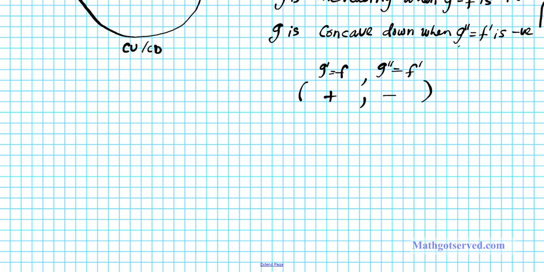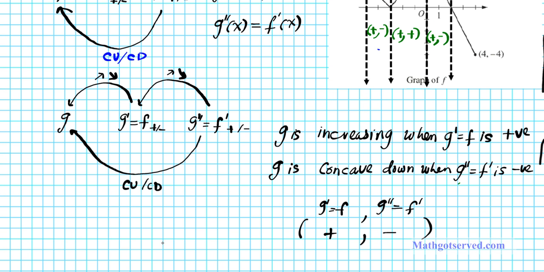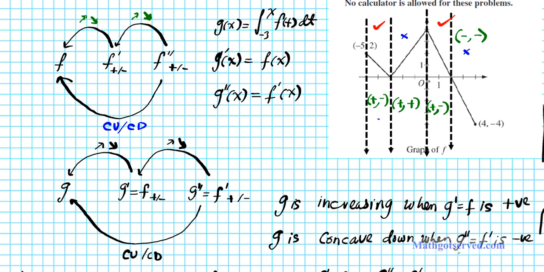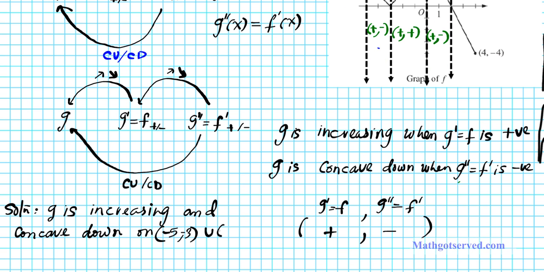So our solution: G is increasing and concave down on two intervals: from -5 to -3, union 0 to positive 2.